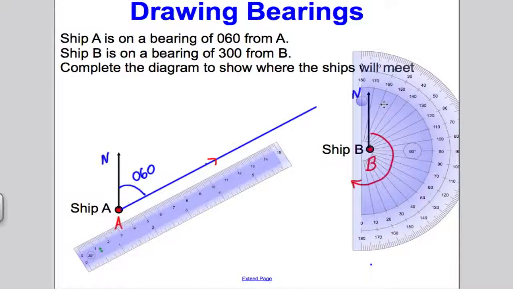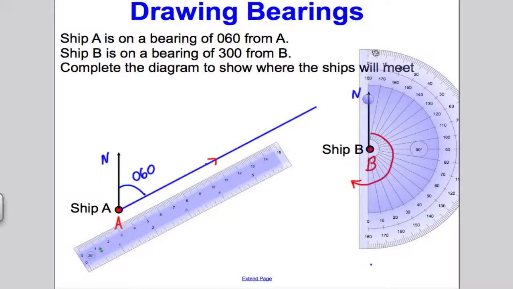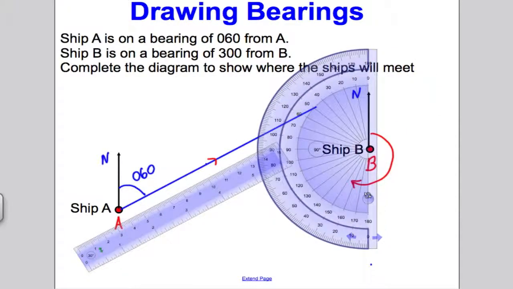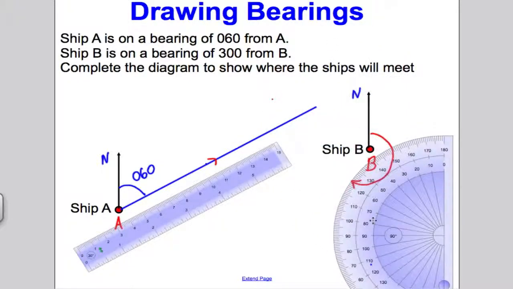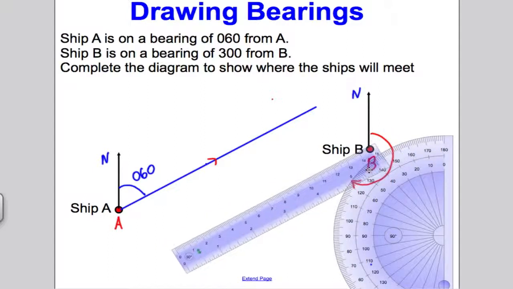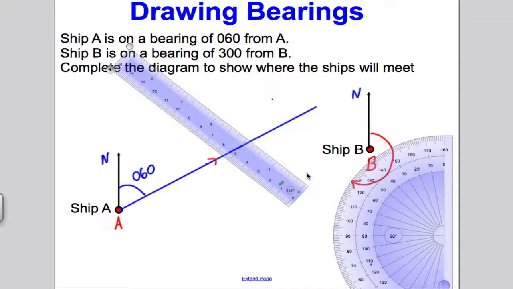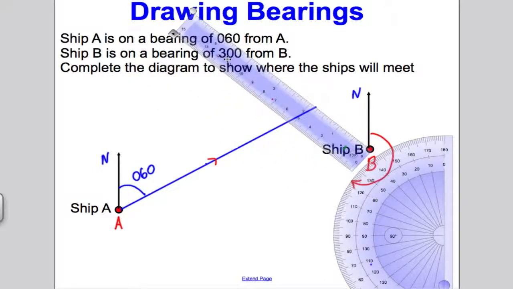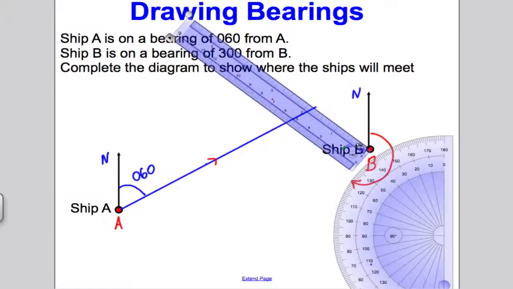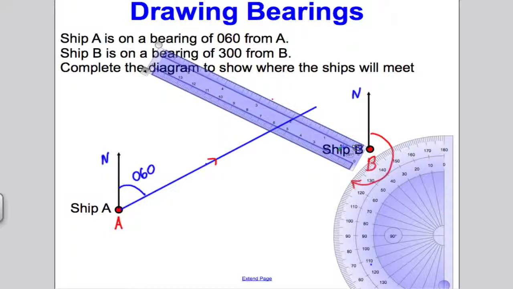Okay, so put your protractor here, and let's measure 60 degrees. Here the 0 is on the inside, so measuring 60 degrees, and the mark is approximately there. Okay, that's 60 there. The bearing is approximately there.